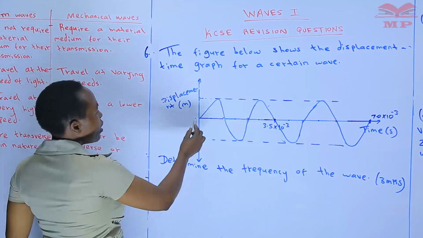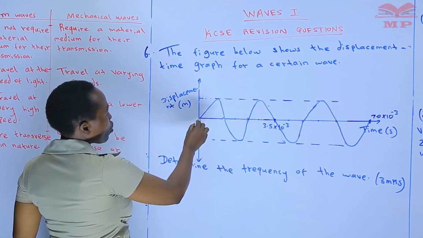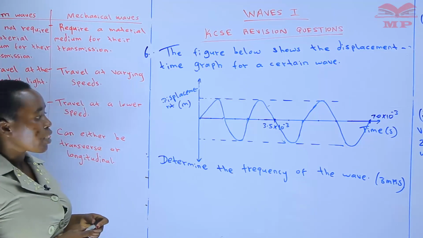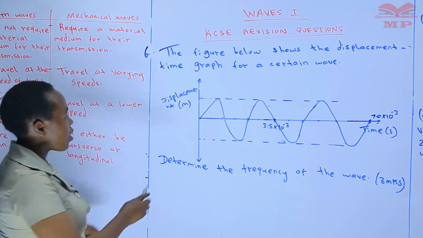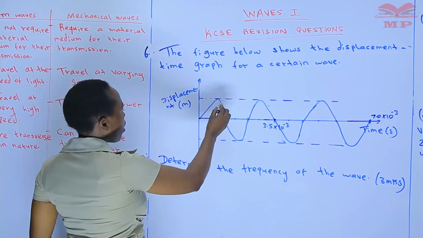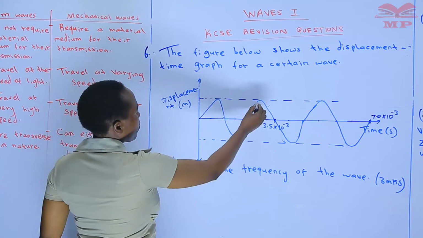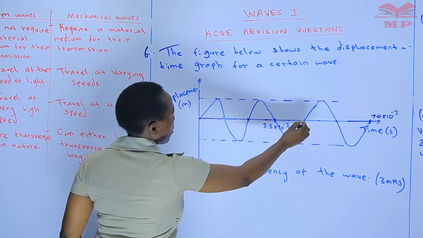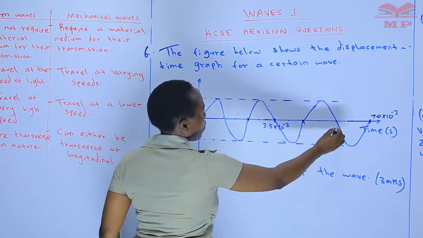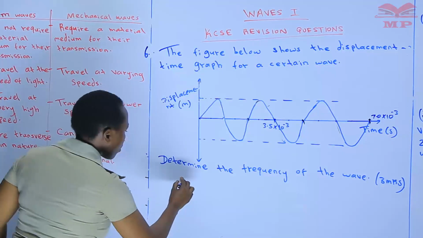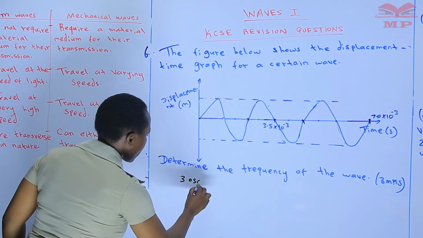So as we can see here, how many oscillations do we have? We can calculate and see the number of complete oscillations for this wave. So we have this. This is 1, 2, 3. So we have 3 waves. That is 3 complete oscillations.